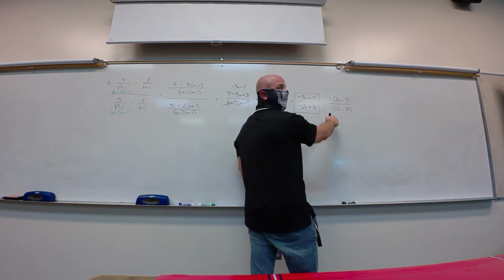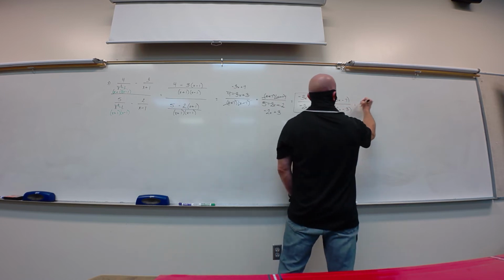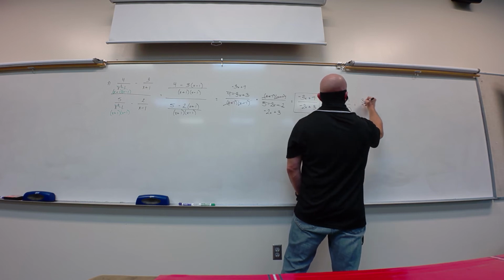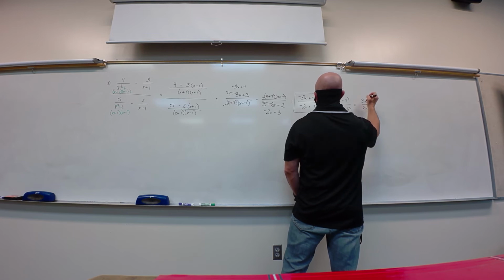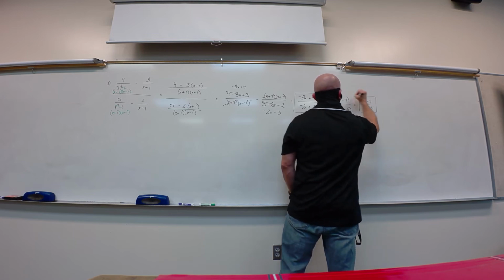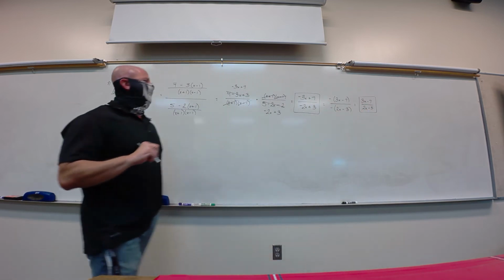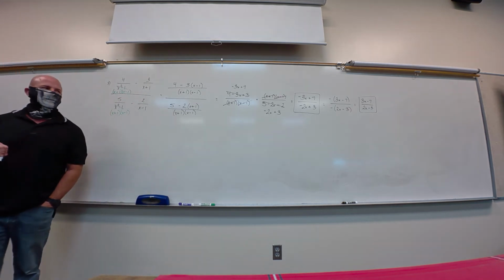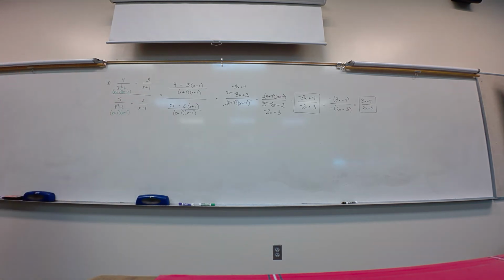Those negatives cancel then, which would give me 3x minus 7 over 2x minus 3. Switching those signs. Going correct. That's a good point. We don't leave with that negative, so we can get that guy out of there. Everybody okay there?